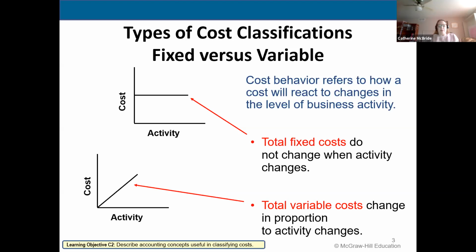Because if I have $10,000 that I'm spending for rent, and I produce 1 unit, my rent is basically $10,000 for 1 unit. But if I produce 10,000 units, then my rent is basically $1 per unit. So fixed costs on a per unit basis do change based on how much we produce.